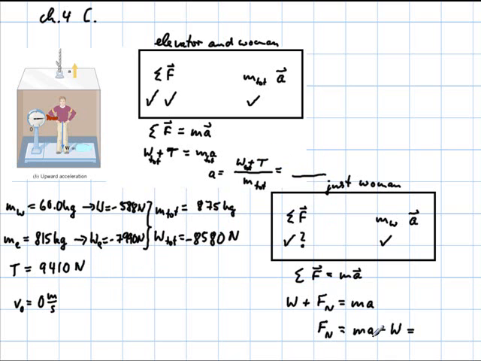We take that positive acceleration, we plug it in here, times the 60 kilograms of the woman. We come up with a positive number, and then we add it to the weight, and again I said minus a negative number, so that's a positive number, and so overall this part here added to the weight of the woman will make the normal force larger, and that makes sense that when the elevator accelerates upward that you feel heavier because there's more normal force pushing on you, because it has to not only counter the weight but it also has to accelerate you upward.